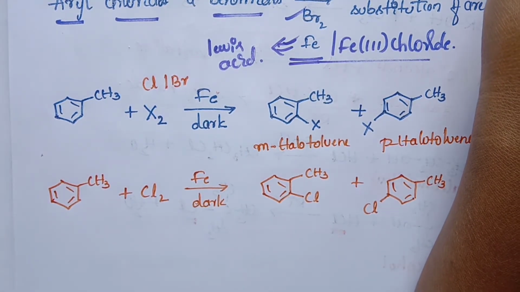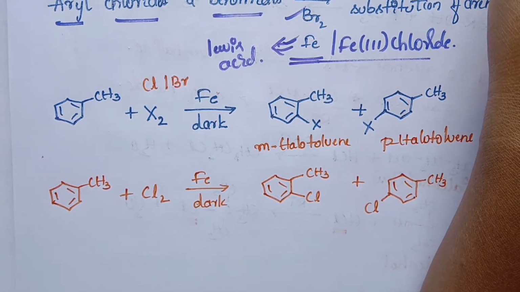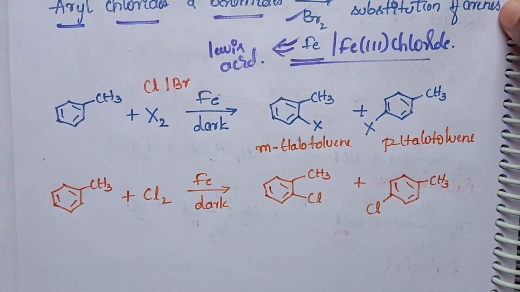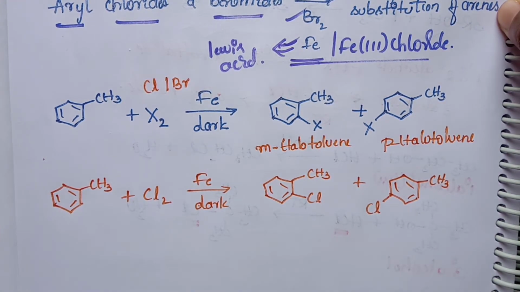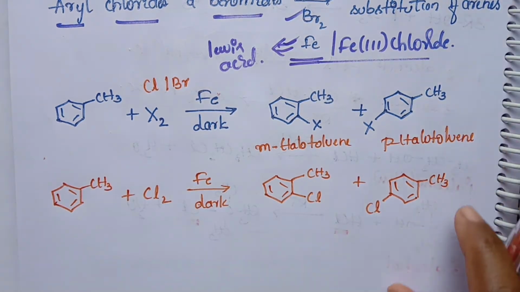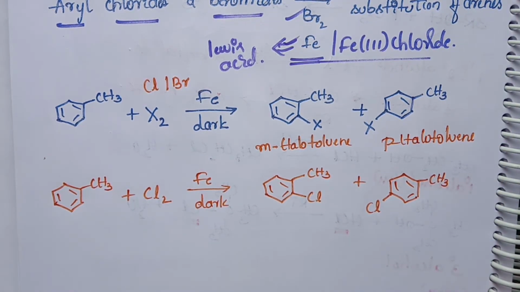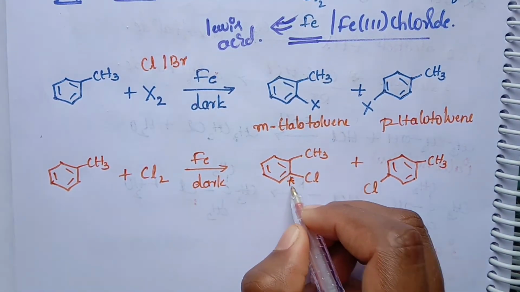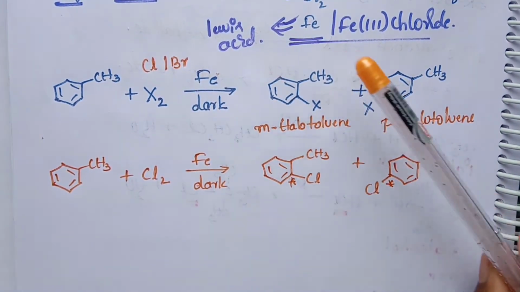Here the ortho and the para isomers can be easily separated due to the large difference in their melting points, because in the electrophilic substitution method the ortho and para positions are the ones that react, meaning they are highly reactive. The halogens, chlorine and bromine, will be substituted at these positions only.